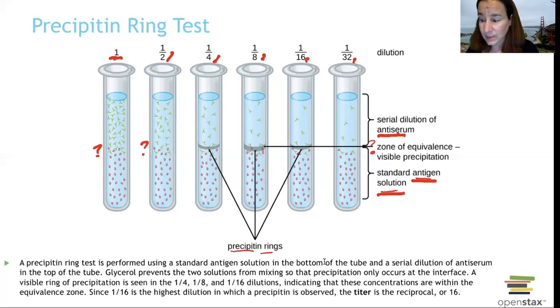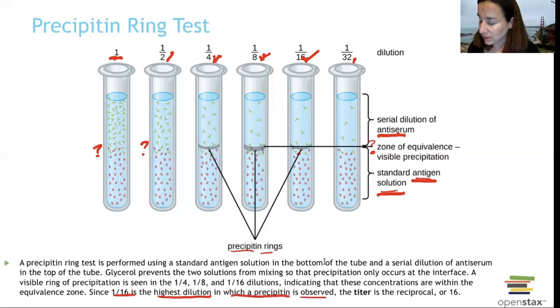We're not seeing a ring anymore at 1/32, so that's not useful. We need to focus on the ones with the precipitin rings. So there was 1/4, there was 1/8, and there was 1/16. 1/16 is the magic one where we still find a precipitin ring. So we're going to use that, and 1/16 is the highest dilution where we still see a precipitin observed.